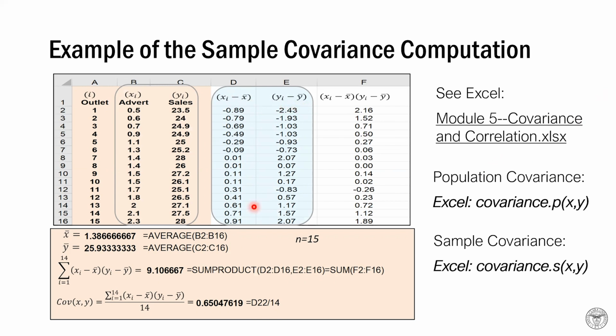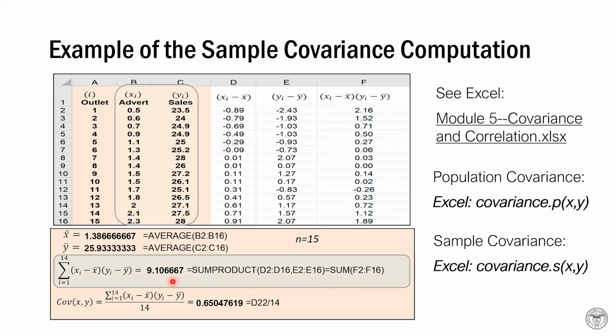After that, we may use the Excel function SUMPRODUCT to compute the value of x sub i minus x bar times y sub i minus y bar, which is 9.1 in this case. We then divide this value by 14, which gives us a value of 0.6505.